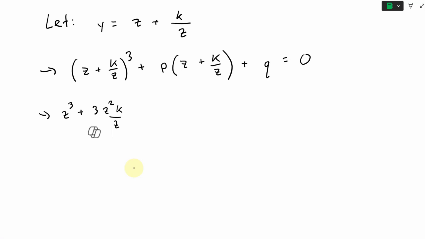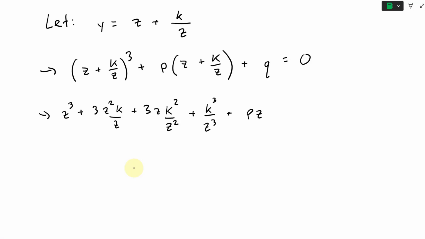All right, so we get that, and then plus another 3, and now we're going to get z multiplied that once, and then this one's going to be twice, k squared over z squared, plus pz. Oh no, the next one is just this times itself 3 times, so k cubed over z cubed, plus, and now pz.